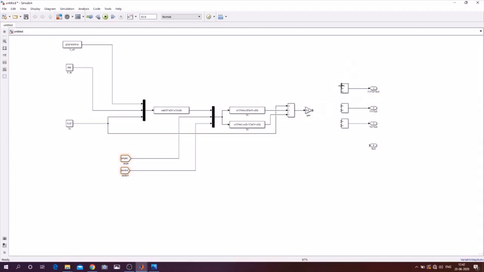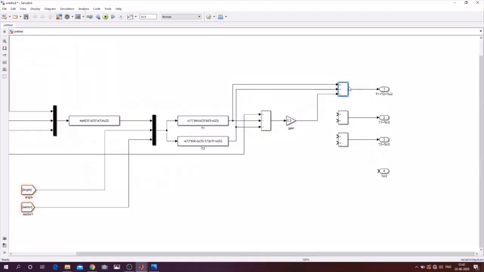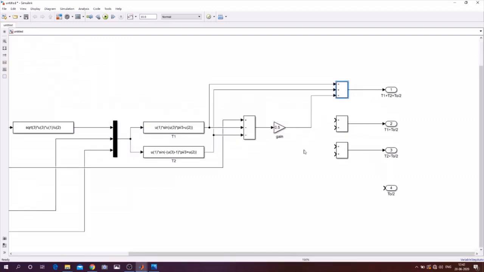So T1, where I will get T1, I will be getting T1 over here. And then T2 I will be getting over here. And then plus T0 by 2. Okay, plus T0 by 2. Here it is what? T1 plus T0 by 2.